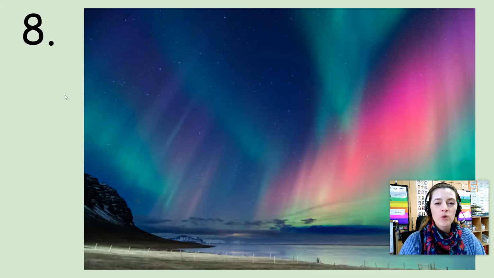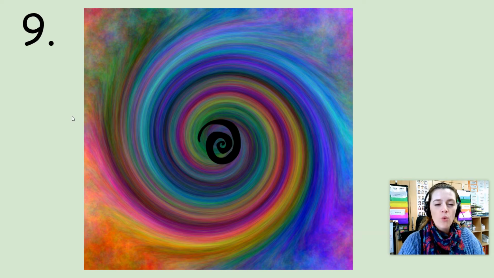Number 8, northern. I really want to see the northern lights one day. Number 9, whirl. This pattern, this shape right here is called a whirl.